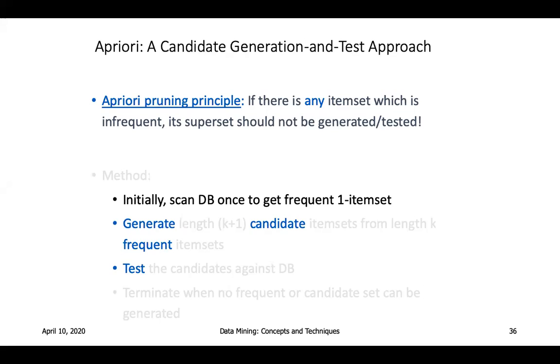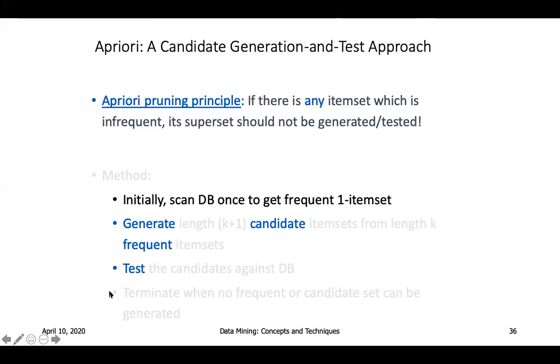The method: initially scan the database once to get the frequent one atom sets, generate length k plus 1 candidate atom sets from length k frequent atom sets, test the candidates against the database, and terminate when no frequent or candidate set can be generated.